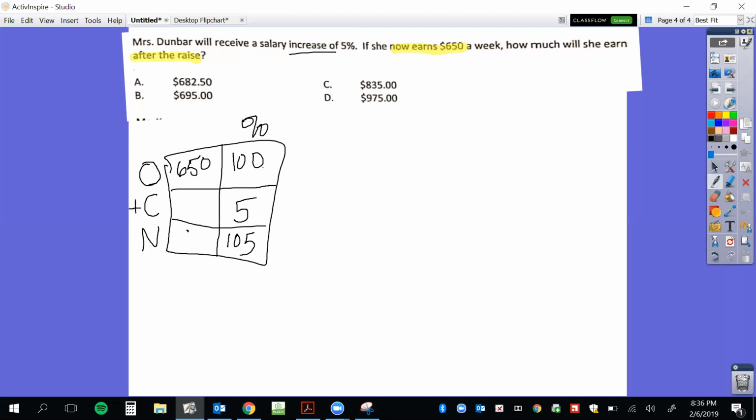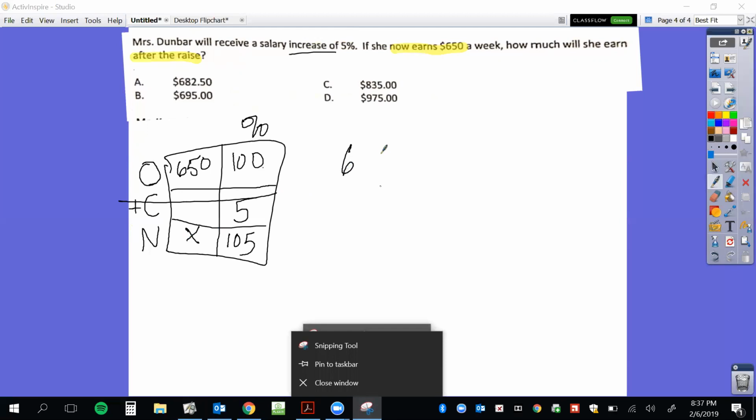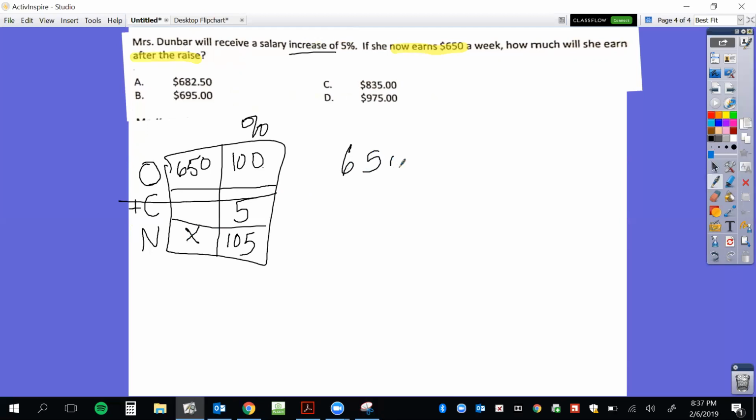So I know that has to be my X. So now if I set up my proportion, 650 over X equals 100 over 105.